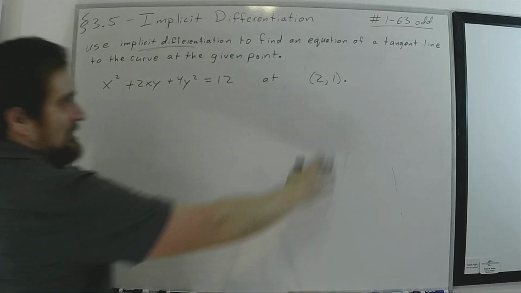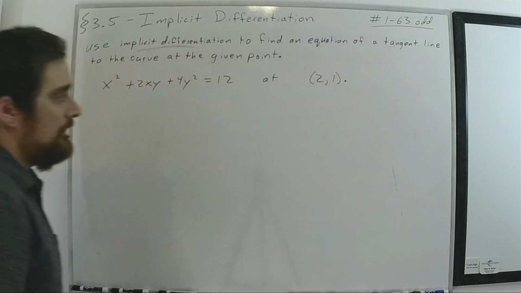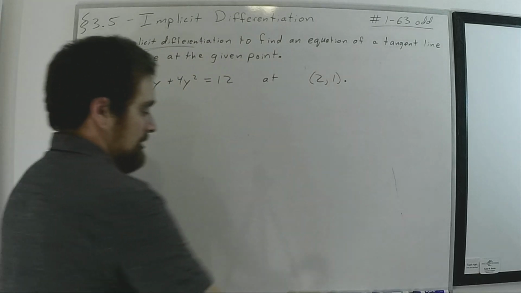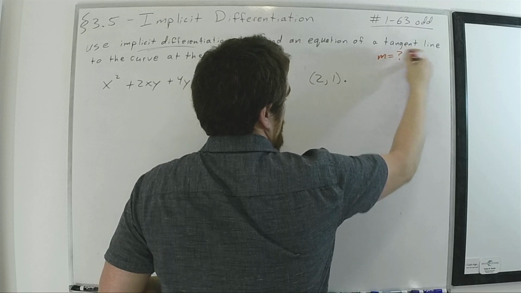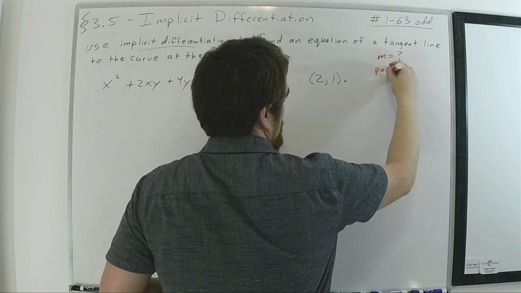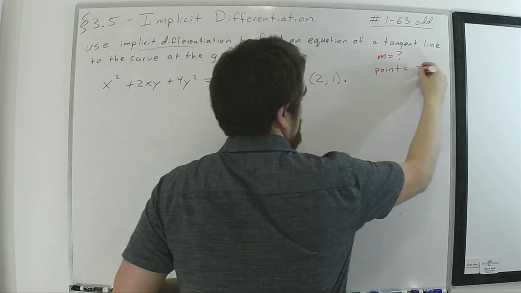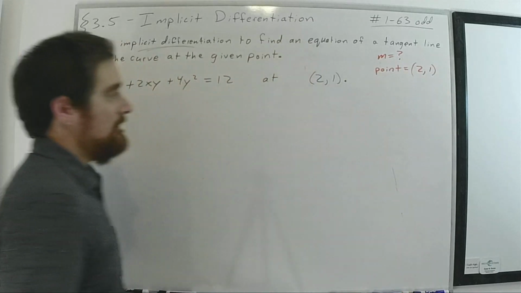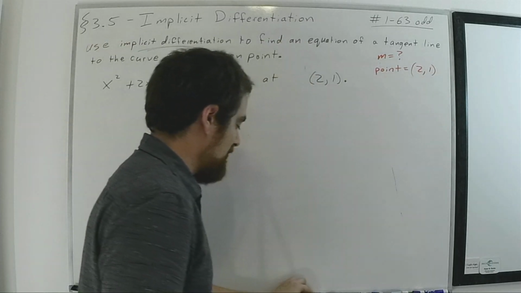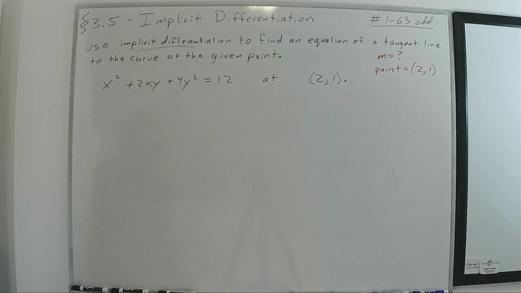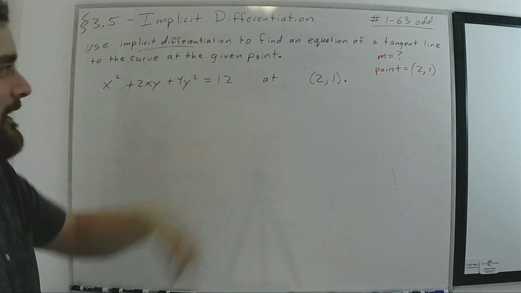We want to find an equation of a tangent line. Immediately, that should tell us that in order to form an equation for a line, we're going to need a slope and we're going to need a point. Well, lucky for us, we have the point. So we're already halfway there. I say halfway there. We got a lot more work to do, though. How do I get that slope at that point?